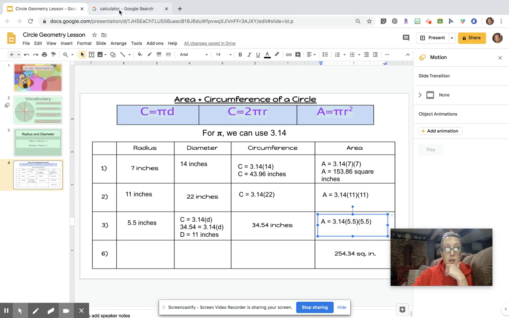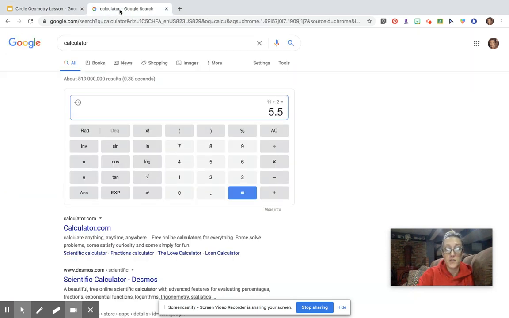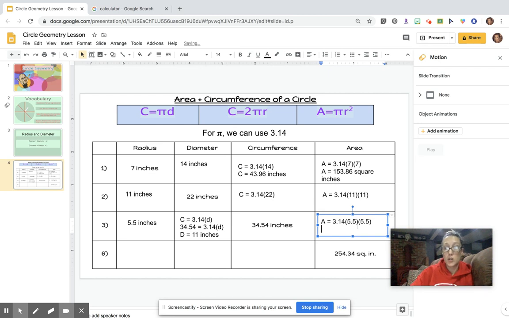Pop that whole thing into my calculator. So I've got 3.14 times 5.5 times 5.5. Hit enter, and I get 94.985. So my area is equal to 94.985.